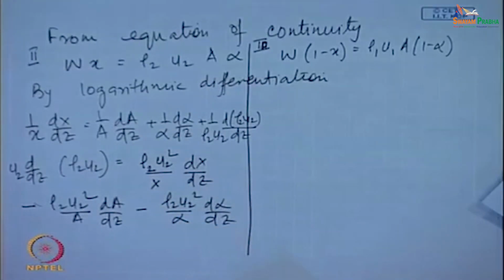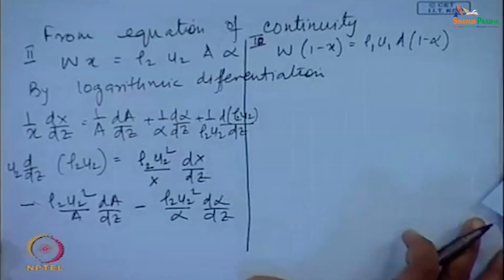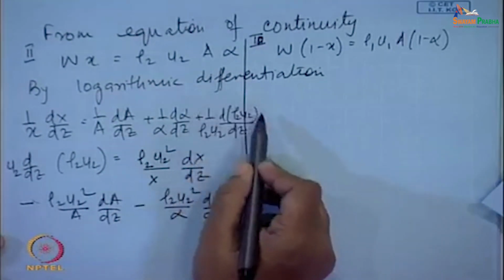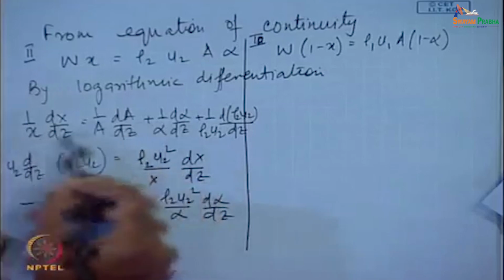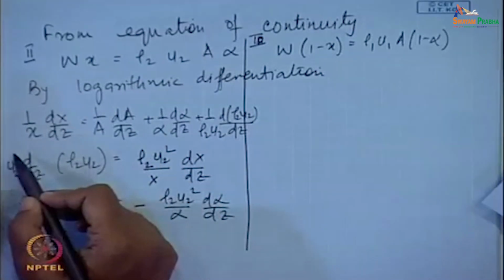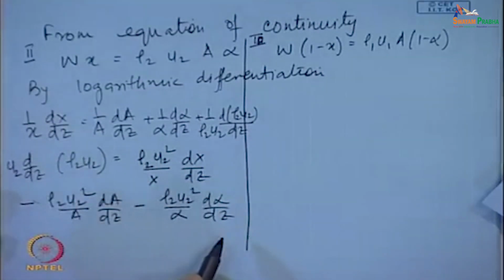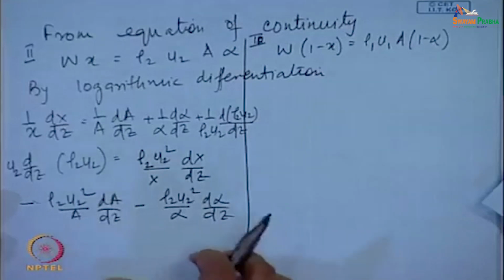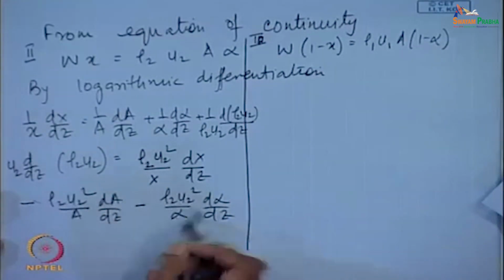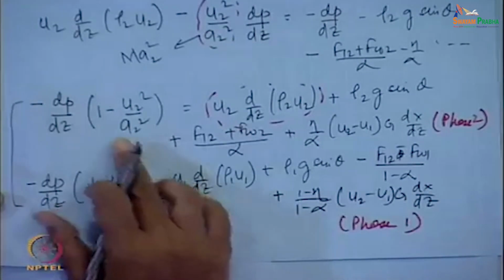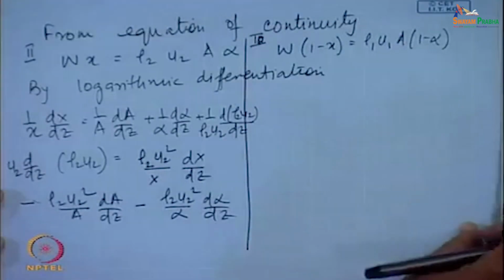Yes or no? Please follow the derivation carefully. I have simply substituted this and accordingly brought the other things to the left hand side. Agreed? Now, if I substitute this equation here for phase 2, what do I get?